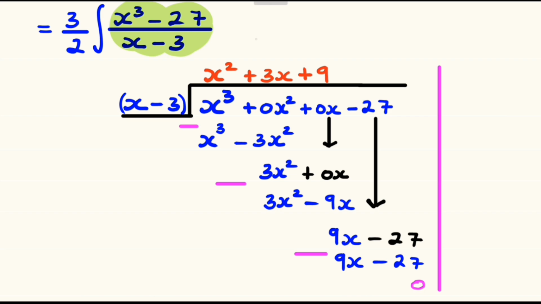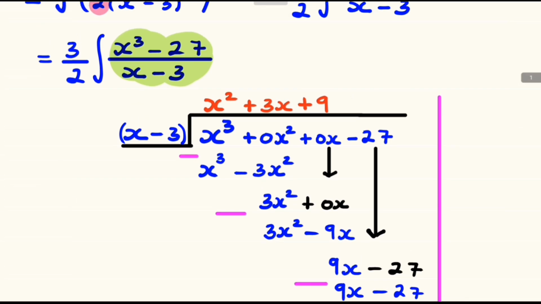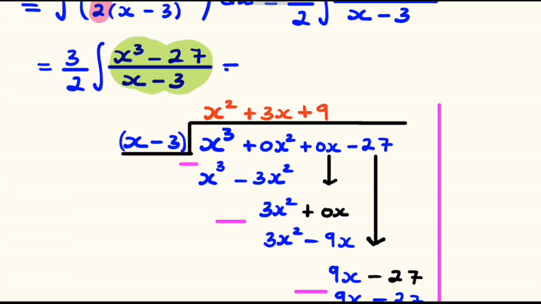Finally, we can integrate. So we have that x squared plus 3x plus 9 as the simplified version of the x cubed minus 27 divided by x minus 3. We have that 3 divided by 2, which we keep.